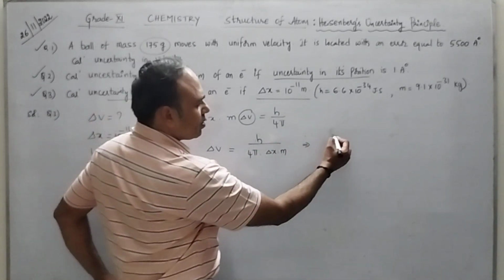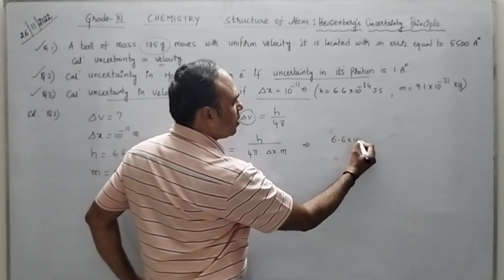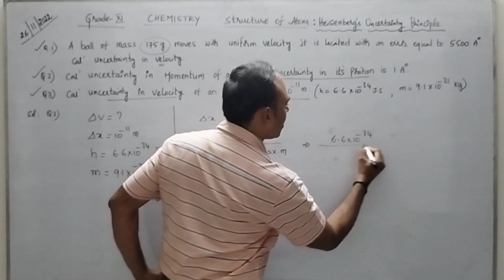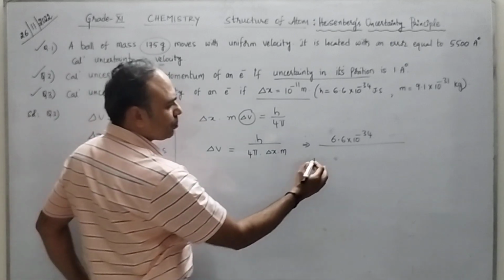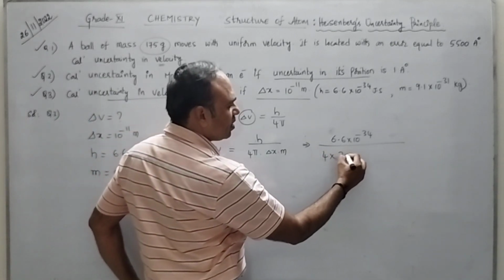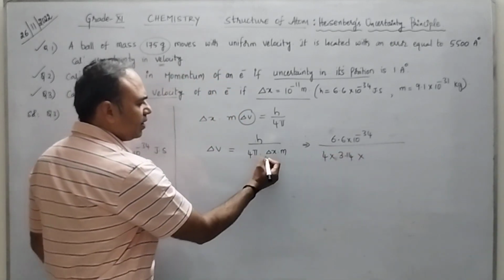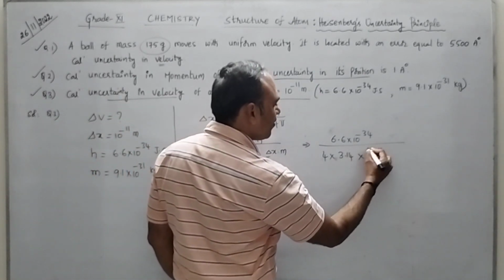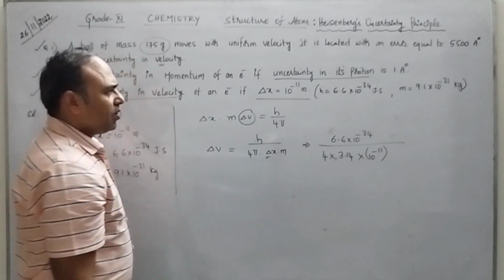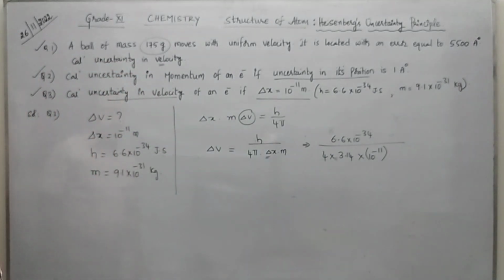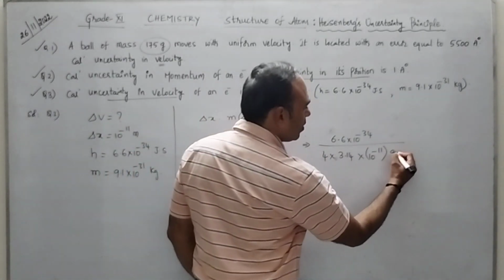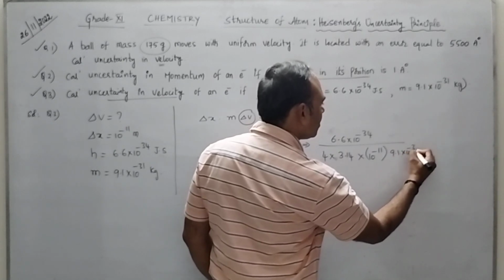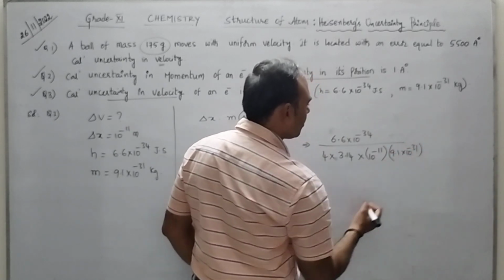H is given as 6.6 into 10 to the power of minus 34 joule into second divided by 4 into pi value 3.14. Next, delta x uncertainty in position 10 to the power of minus 11. And what is the mass here? You know, electron mass is 9.1 into 10 to the power of minus 31 kgs.